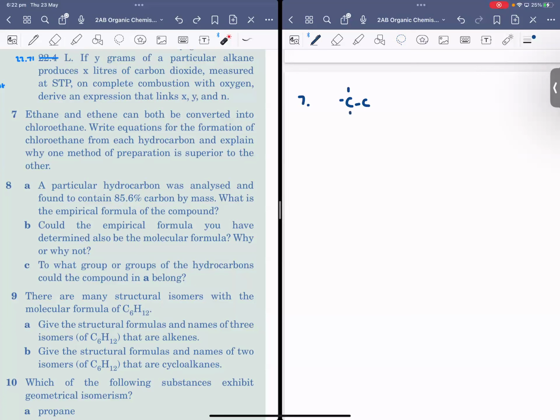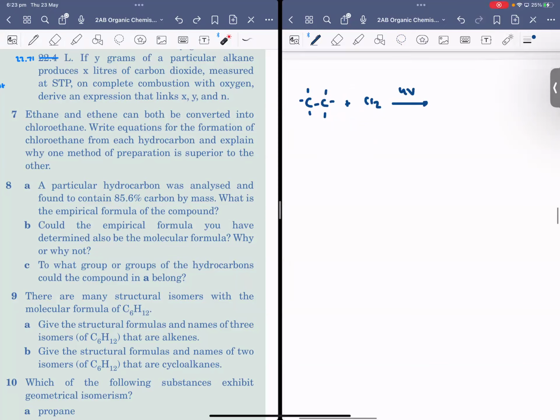So if you want to turn an alkane into chloroethane, what do you have to add to it? Chlorine gas, and you need UV present. And what will it do? Addition or substitution, being an alkane? Substitution. So one of them will swap out and become plus HCl. And that's your chloroethane.